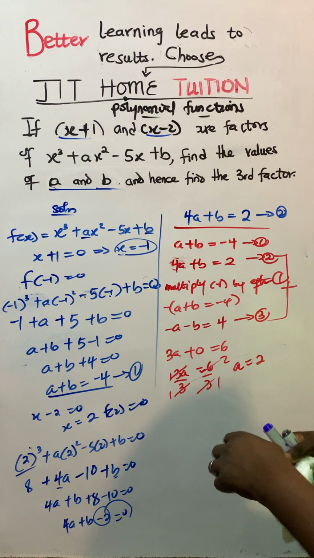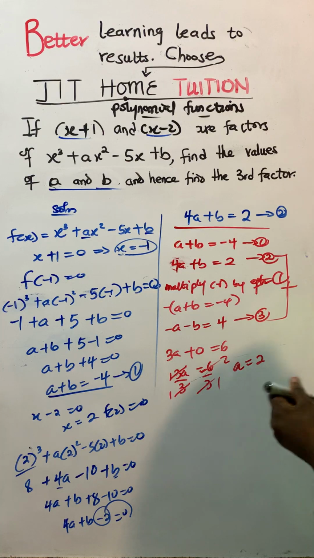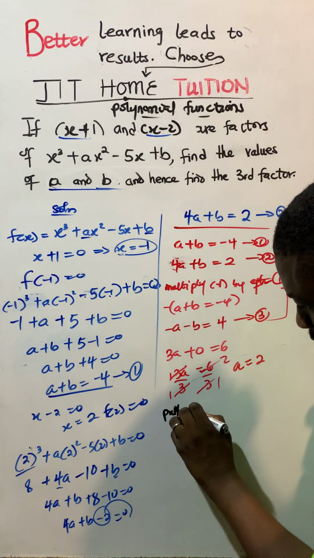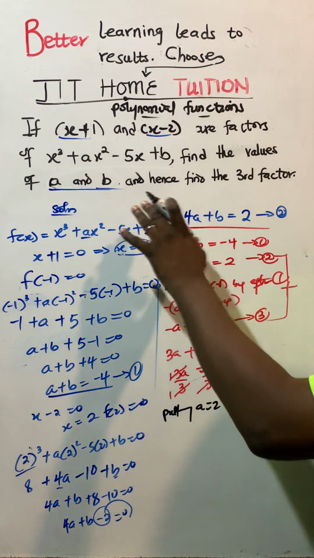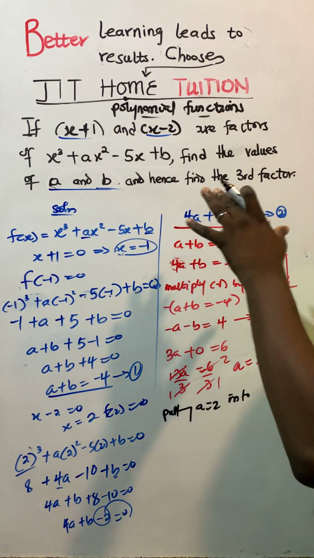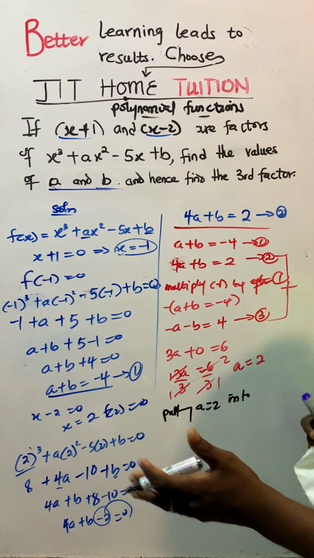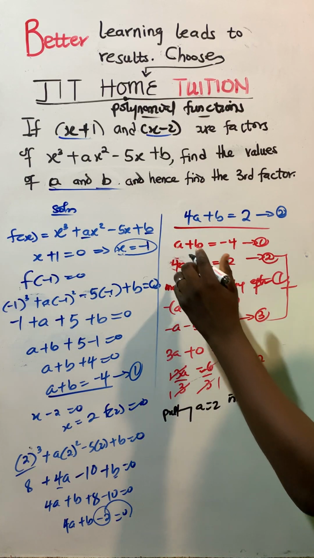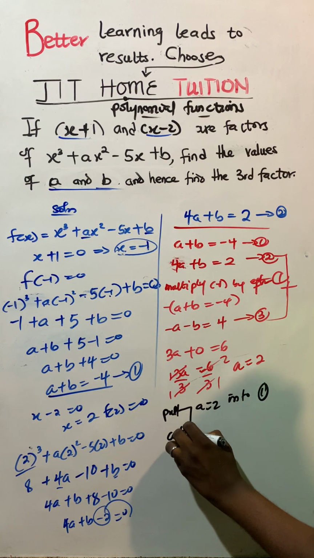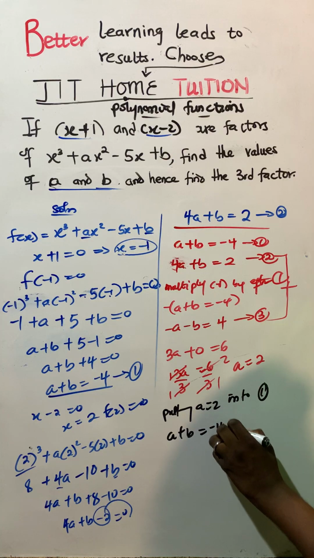So you write: putting a equals 2 into, you are the one supposed to decide the equation that you want to put in. Is it equation 1? Is it equation 2? Is it equation 3? So let's say equation 1. My equation 1 is a plus b equal to 4.